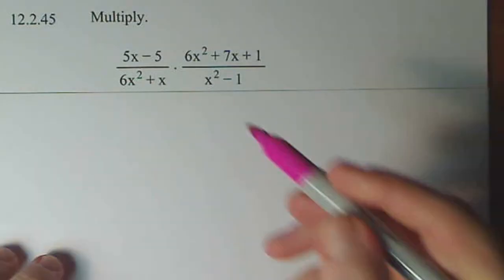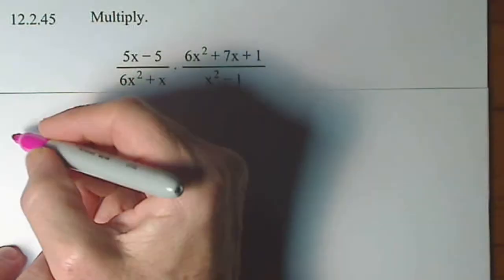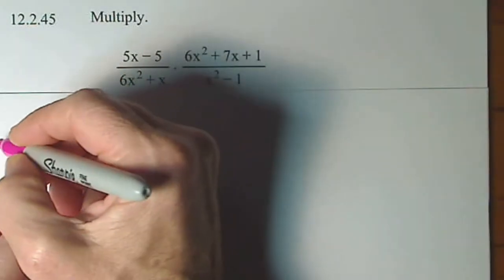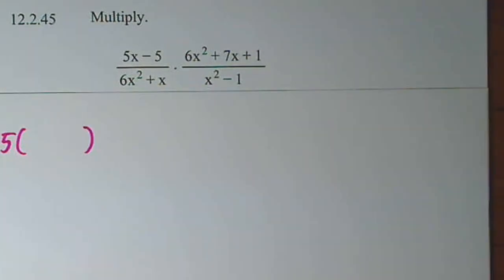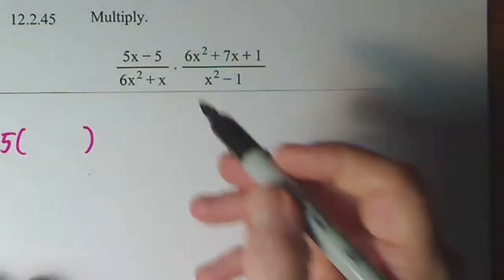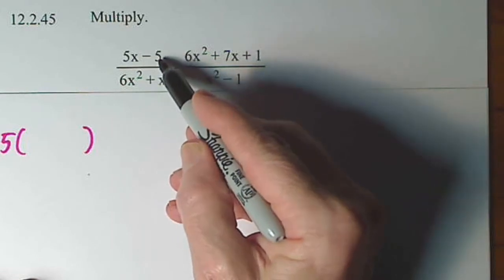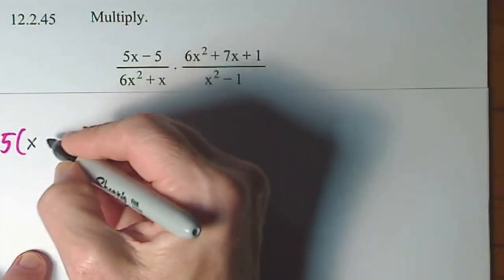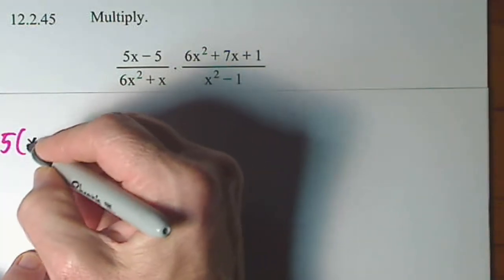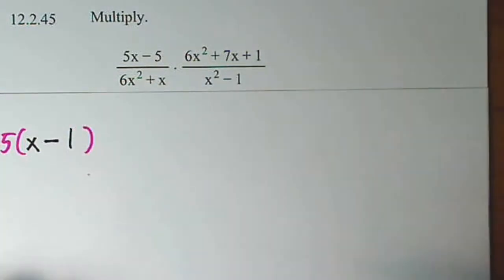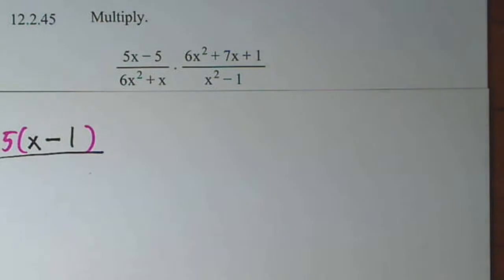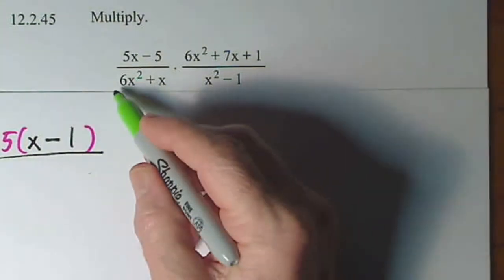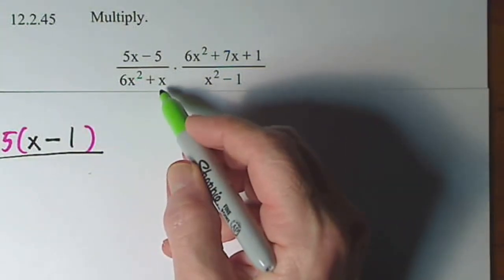First, focusing on our 5x minus 5, we have a GCF of 5. So when we factor that out, we're left with x minus 1. Take a look at the bottom. Our denominator, we have a GCF of x.